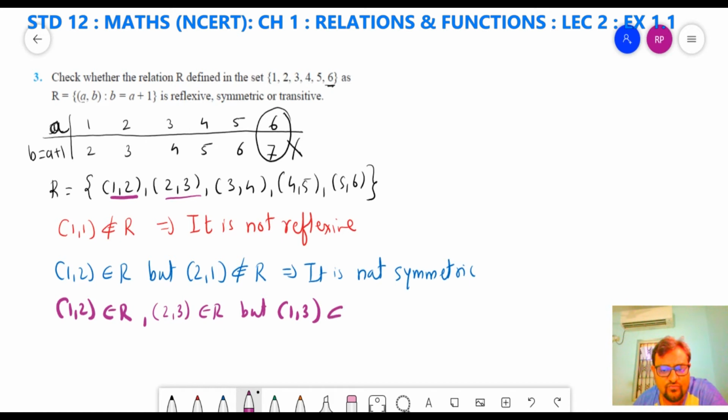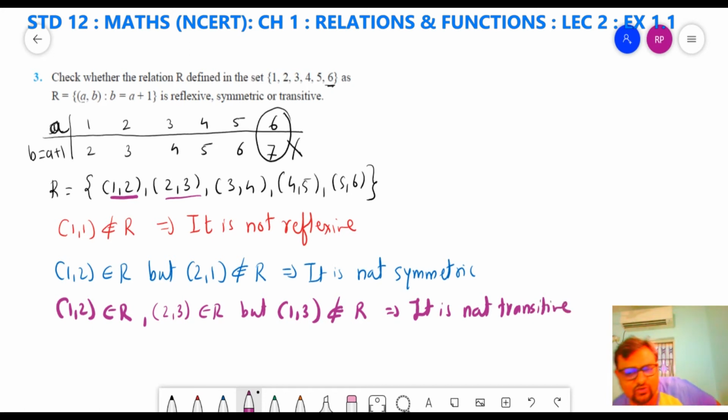No, (1, 3) does not belong to R. That implies it is not transitive. So our given relation is neither reflexive nor symmetric nor transitive. So note down question number three.